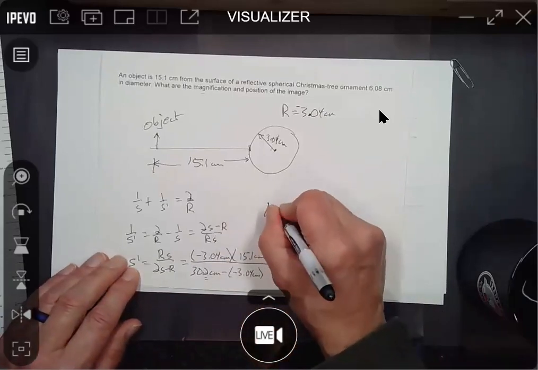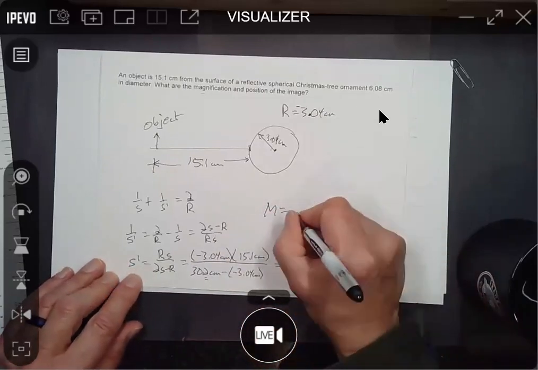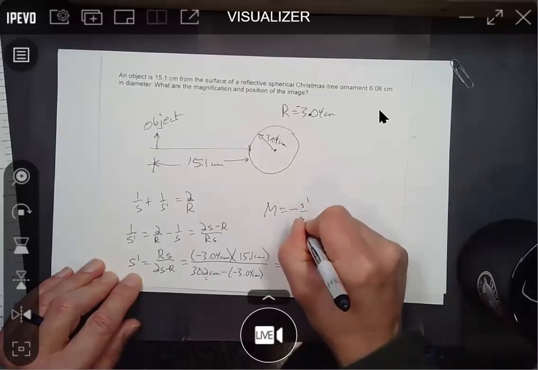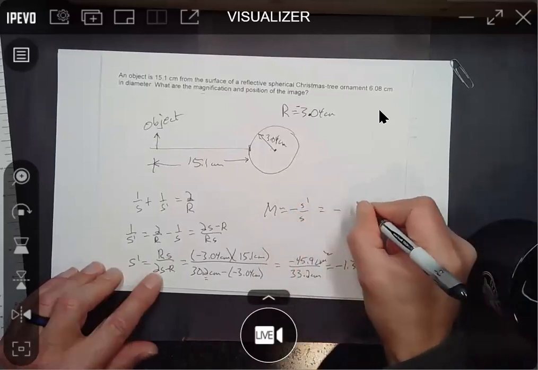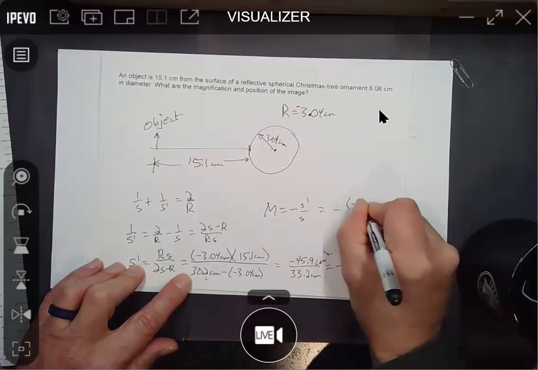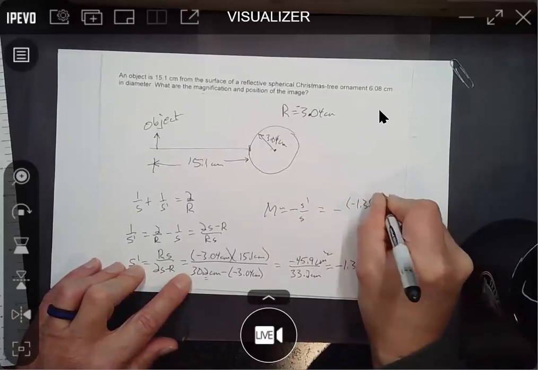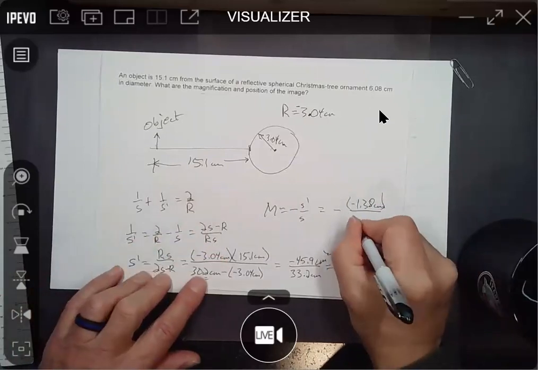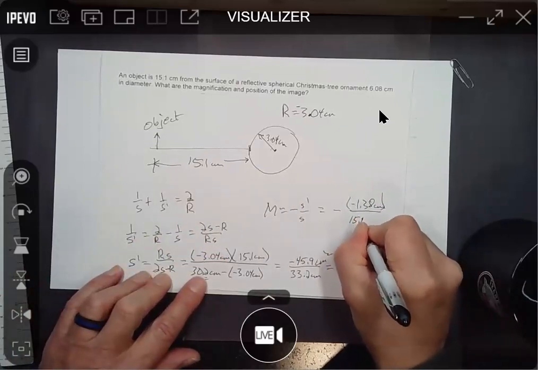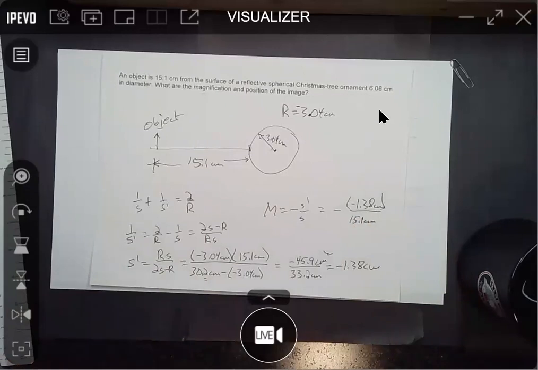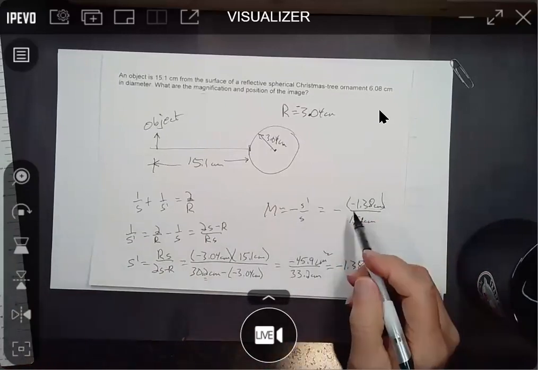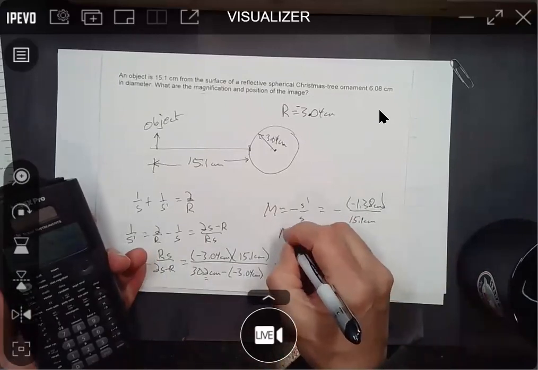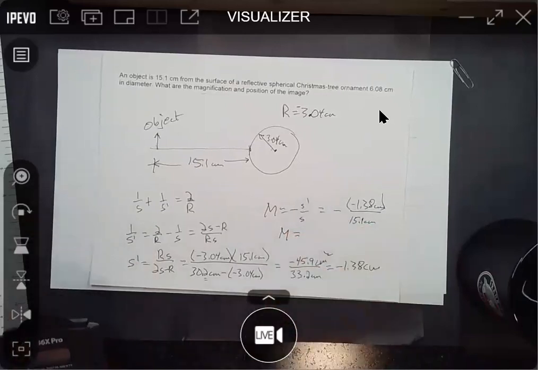The magnification is going to be minus S prime over S, which is minus a negative 1.38 centimeters over S, which was 15.1 centimeters. And it'll be upright, a positive magnification, but it's not much.